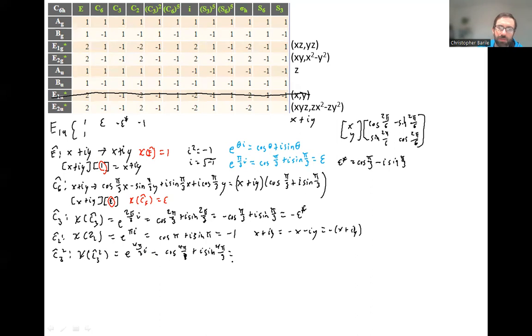Well, cosine of 4 pi over 3 is doing a 300-degree rotation, right? Because this is basically 120 degrees more than 1 pi. So 120 plus 180 is 300. 300-degree rotation gets us to the bottom right of our unit circle.